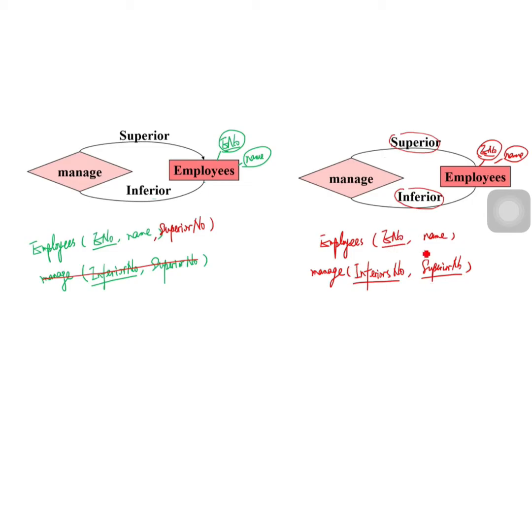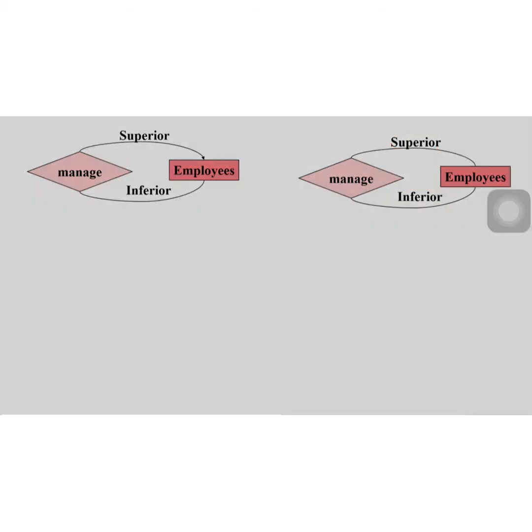The difference between these two ER diagrams is that for this ER diagram, the primary key of manager is inferior employee number, and for this ER diagram, the many-many relationship, the primary key of manager is inferior number and superior number. This is the conversion of these two ER diagrams.